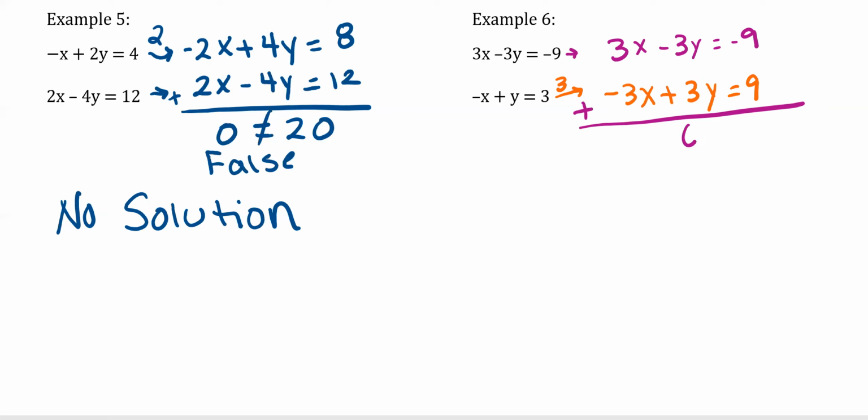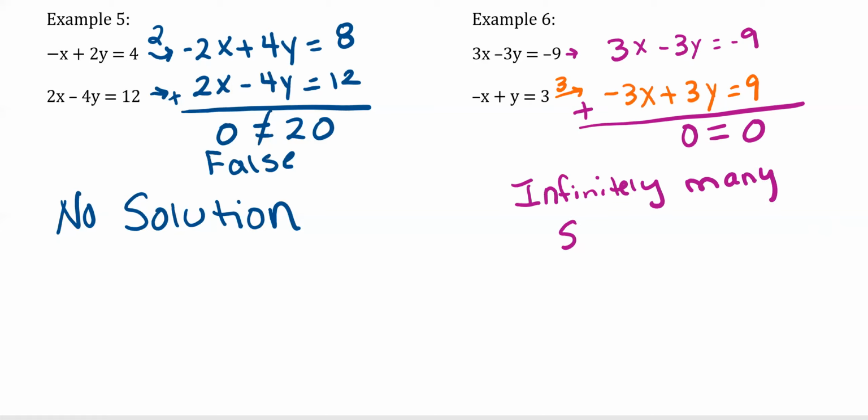And we have 0 equals 0. True statement. The variable has been eliminated. And what is left is true. 0 is equal to 0. So this indicates that we have infinitely many solutions. They are the same line.